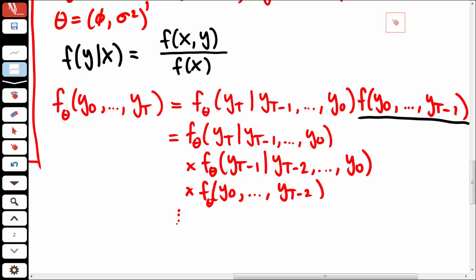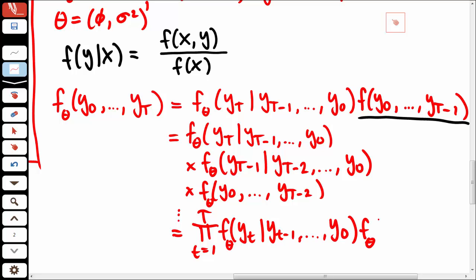Then we can proceed with this factorization such that we in the end will end up with the product from t equal 1 to capital T of the conditional density of y_t given y_{t-1} down to observation y_0, times the density of y_0.